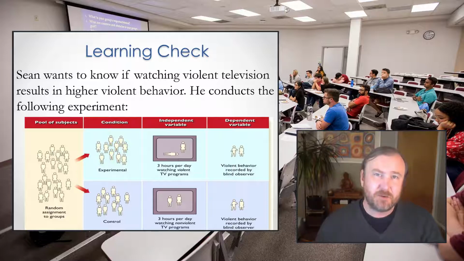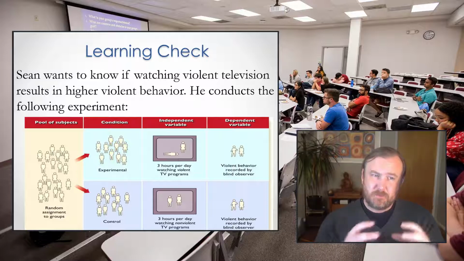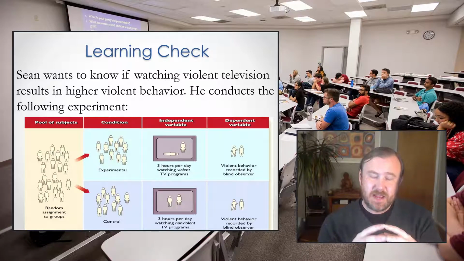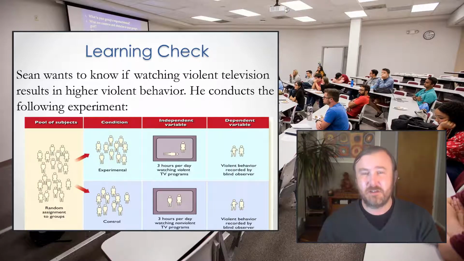In the experimental group, the people who were randomized to that have to watch 3 hours per day of violent television. In the control group, those people have to watch 3 hours a day of nonviolent television.